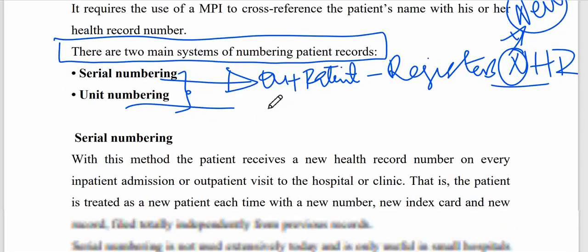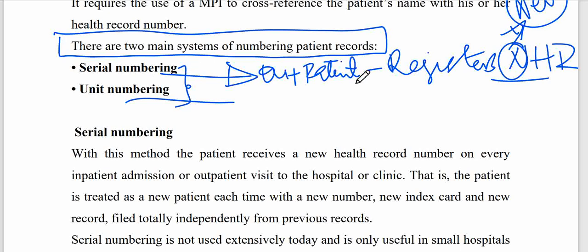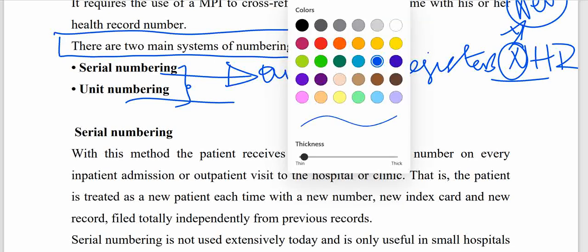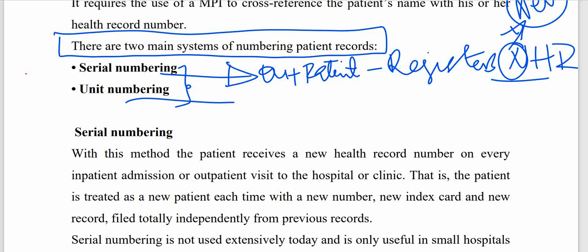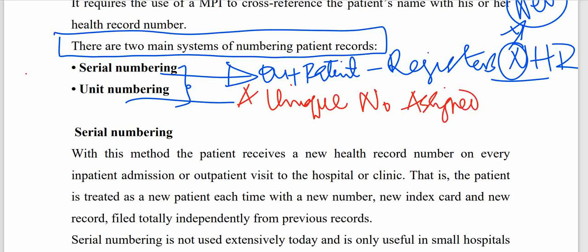So we shall use that number for identification at OPD department strictly. And then for unit numbering system, unit numbering system is a system where a unique number is assigned to the patients once.